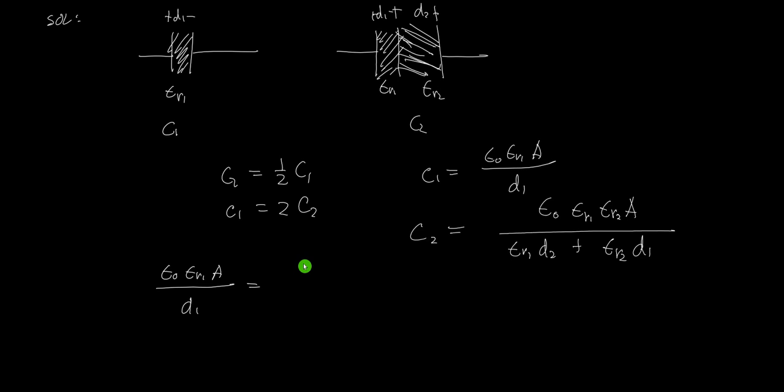And this is equal to epsilon naught, epsilon R1, epsilon R2 times the area, all over epsilon R1 D2 plus epsilon R2 D1. Then we can cancel out. What can we cancel out here? These two, and even the area, epsilon naught, then D1 and D2.